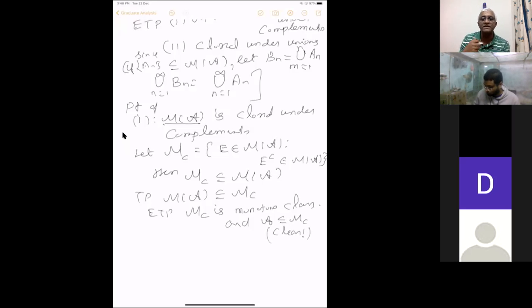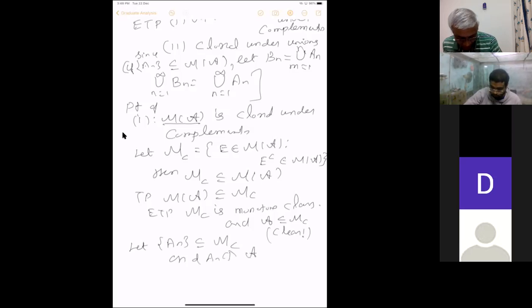So to prove M_C is a monotone class, what should we do? Suppose A_n is contained in M_C and A_n increases to A. Then by definition A_n is in M_C, then A_n complement is in M_C, and A_n complement will decrease to A complement, right?